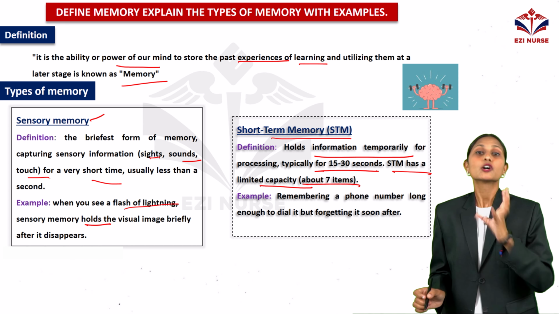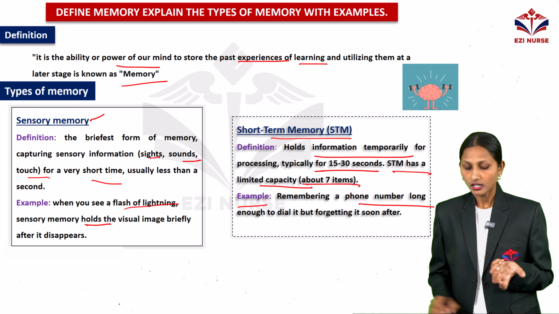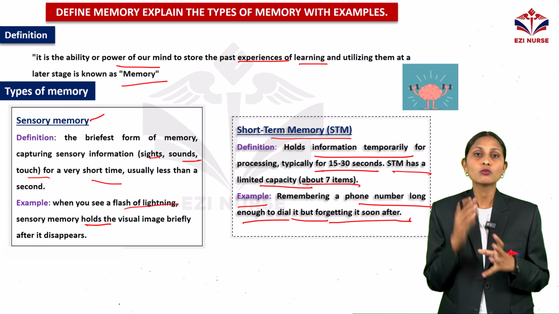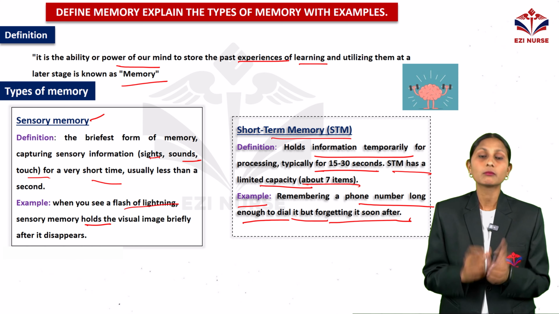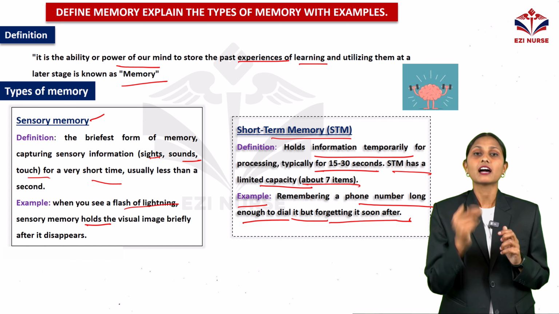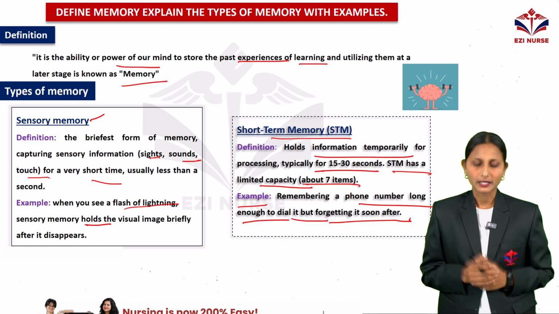An example is remembering a phone number long enough to dial it but forgetting it soon after. Once you ask for someone's number, you remember it for that period of time, but after 15 seconds or so, you forget it. That is short-term memory.